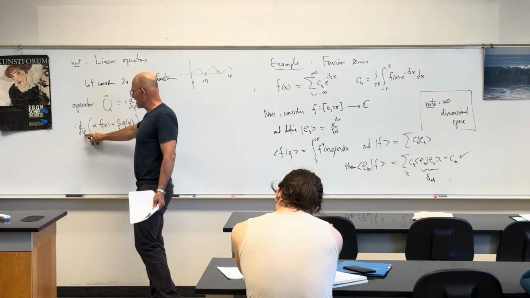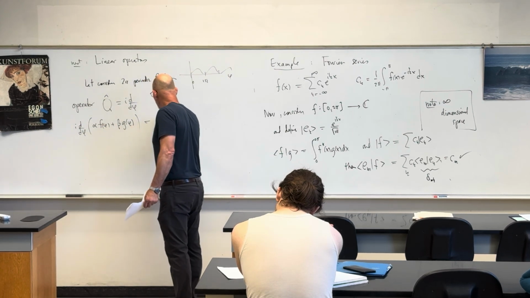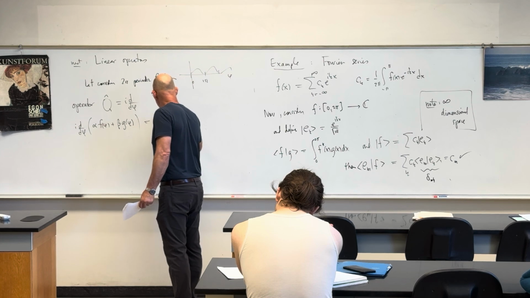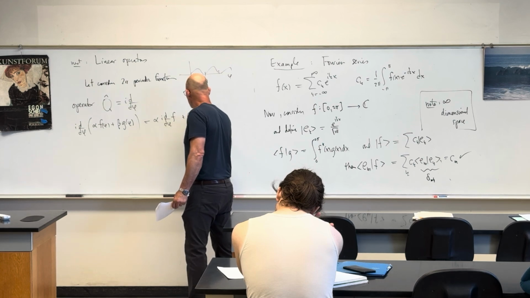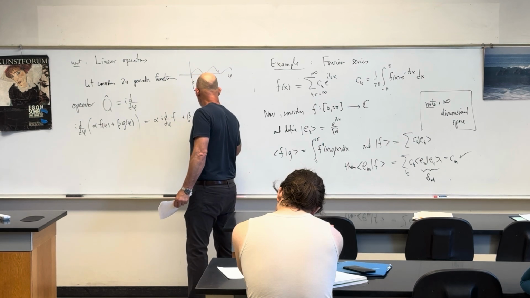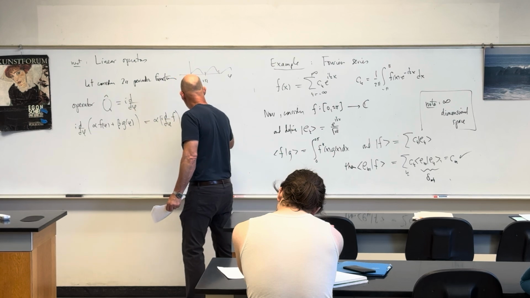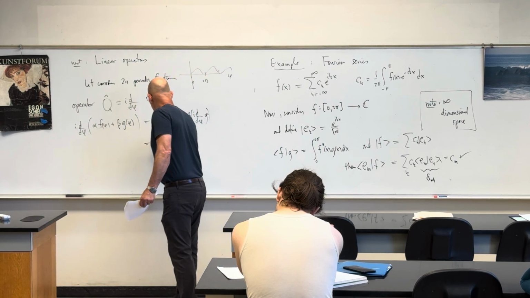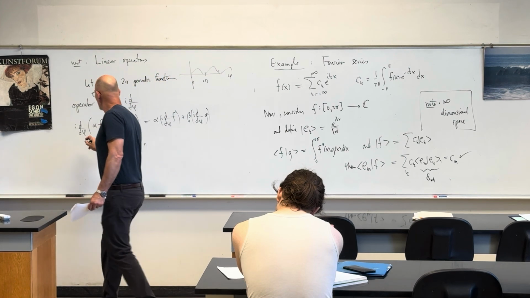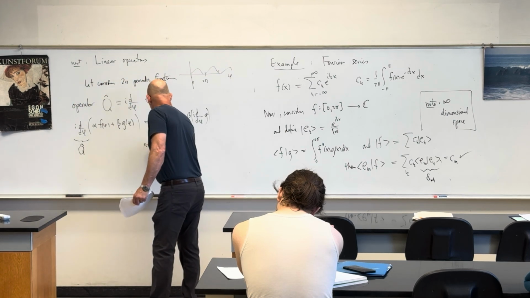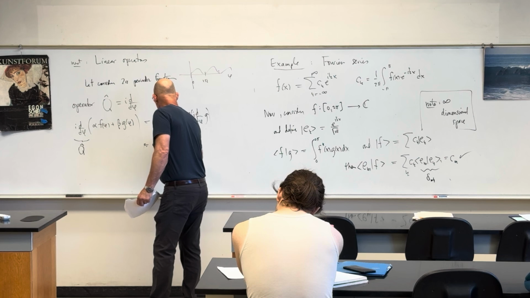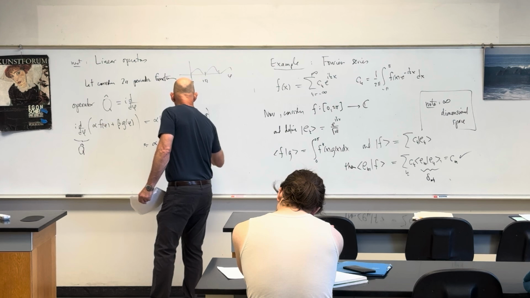Because differentiation is linear, we end up with alpha i d phi f plus beta i d phi g, and that equals alpha q hat f plus beta q hat g.